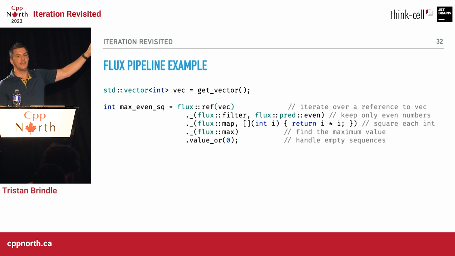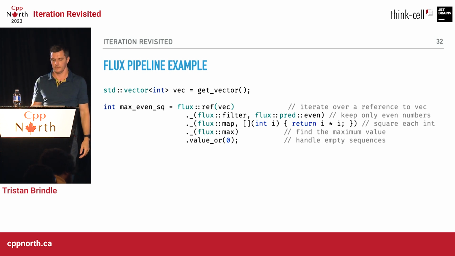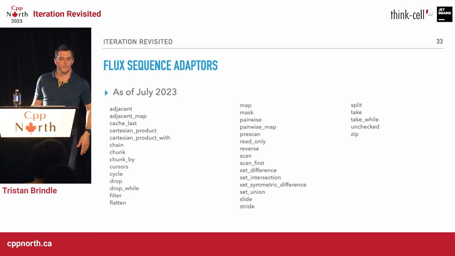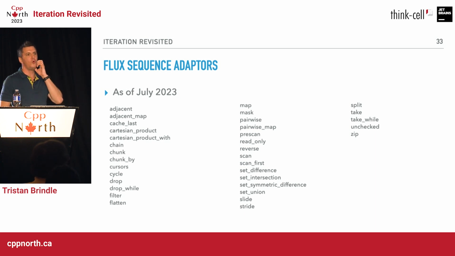So, okay, for the built-in filter, max, etc., we have kind of the shortcut, but this allows you to use your own custom operations in a Flux pipeline as well.